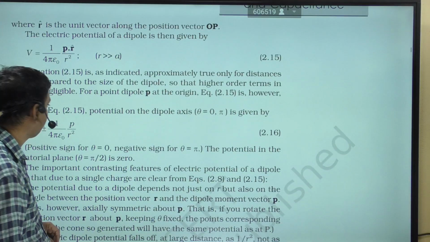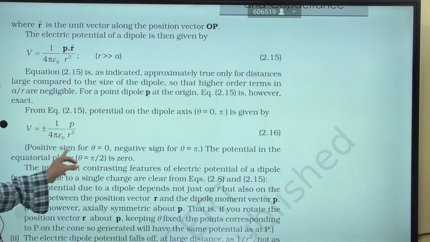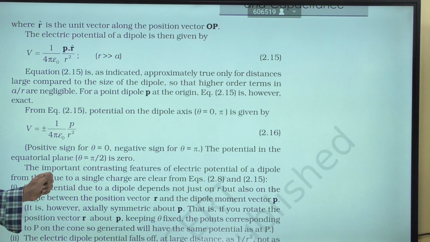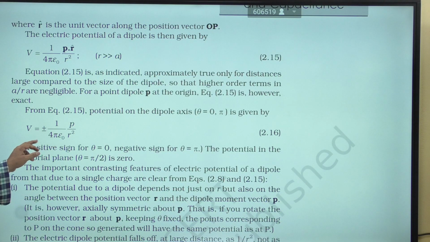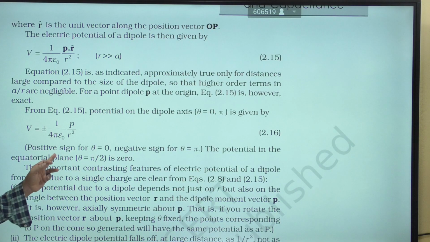అలాగే theta is equal to pi తీసుకుంటే cos 180 is what? Yeah, it is simply cos 180 plus 0, right? So you are going to get what? Cos 180, potential on the equatorial plane. కాబట్టి ఒకటేమో axial plane dipole axis and positive sign for theta is equal to 0, negative sign for, you see here plus or minus అని ఒకే దాంట్లో మెన్షన్ చేస్తే, so this is for, you know very well, cos theta becomes for theta is equal to pi cos 180 minus 1, cos 180 value is what?